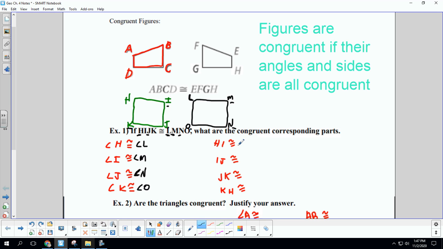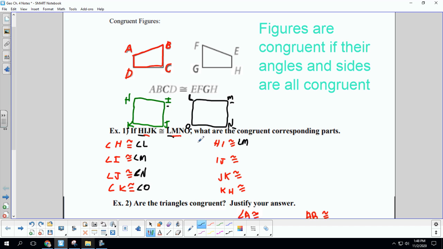All right, now we need to find the sides that match, and let me show you how you can use just the statement to find who matches. HI matches up with LM. The first 2 match up with the other first 2. And then we go to IJ, and we just keep going down the line.